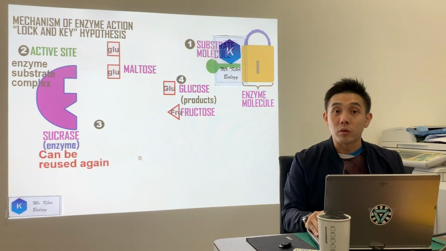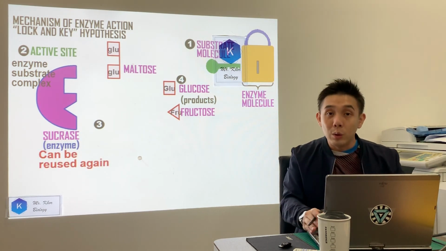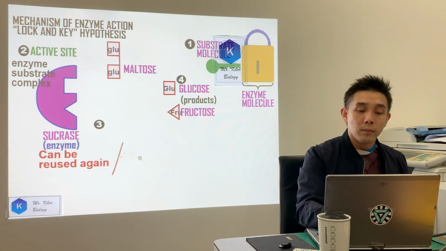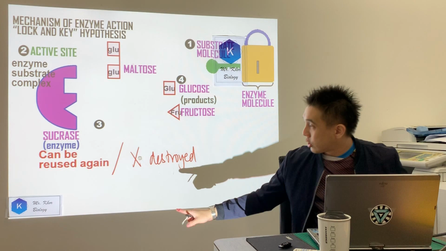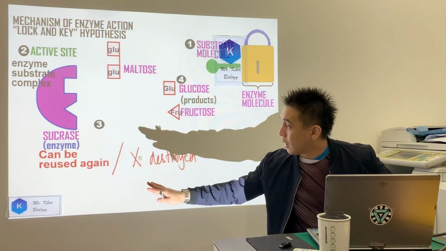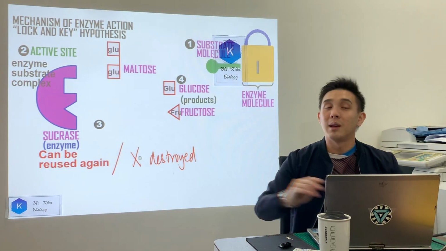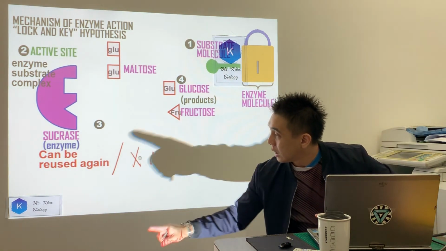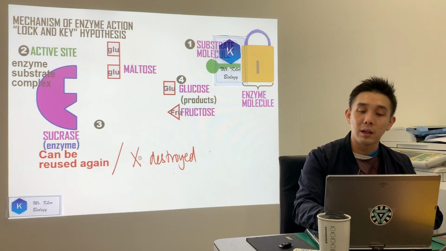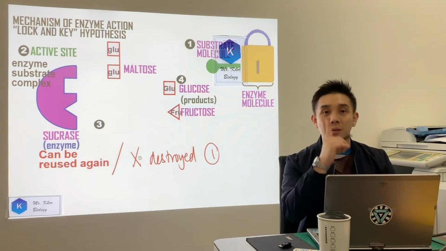Enzyme is not destroyed after reaction, or it can be reused again. They are essentially the same point, not two separate points. Maksudnya kalau kamu tuliskan kedua-dua ini, kamu hanya dapat maksima 1 markah sahaja. Only maximum 1 mark. Okay.